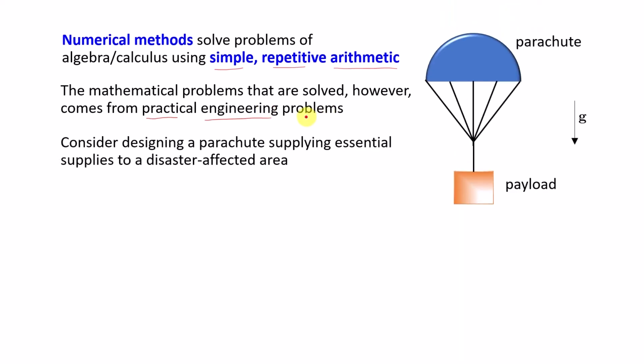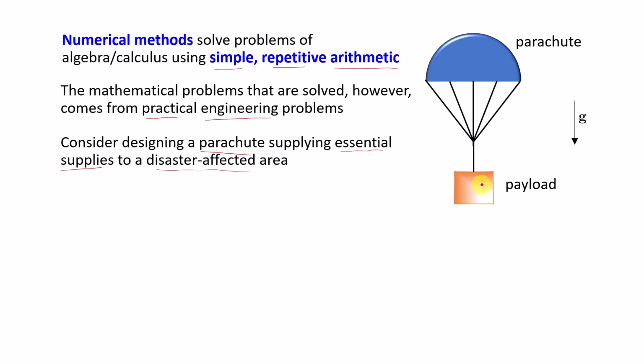Let us say that we are designing a parachute that will supply certain essential payload to a disaster affected area. For example, in an area in Himalaya where we want to supply food or medicine.